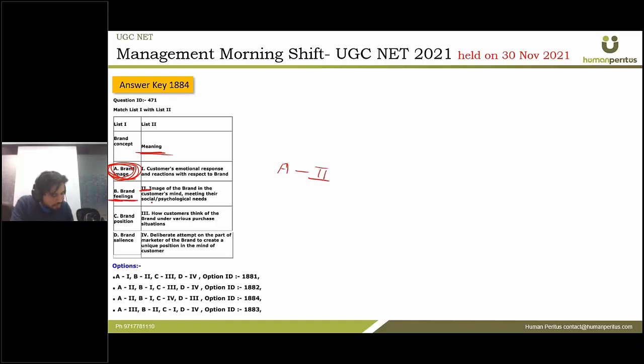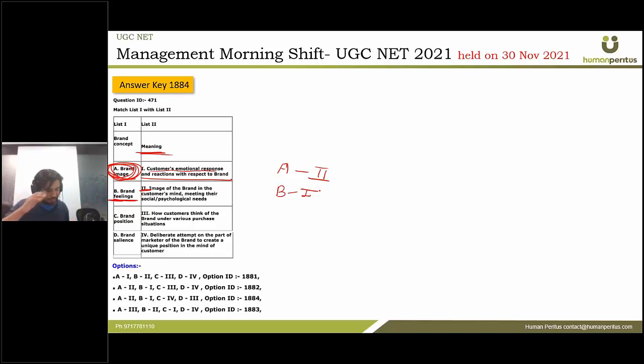Second is brand feelings. Brand feelings is actually the response, or I should say the reaction, of the consumer. Statement 1: customer emotional response and reaction with respect to the brand. So brand feelings would be 1.